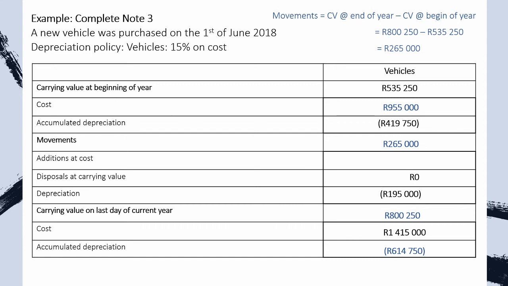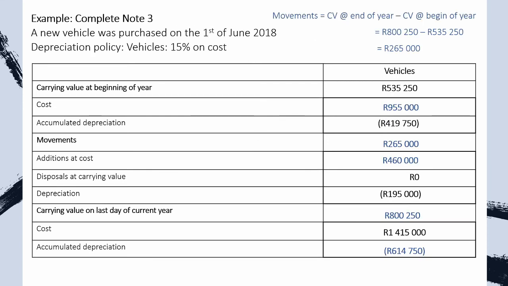265,000. To calculate our additions at cost, we see that there's no disposals in this case, so it's a zero. We don't need to stress about it, but there is depreciation that we have to take into account. So how do we calculate additions?